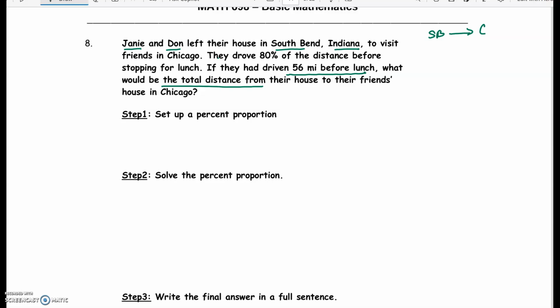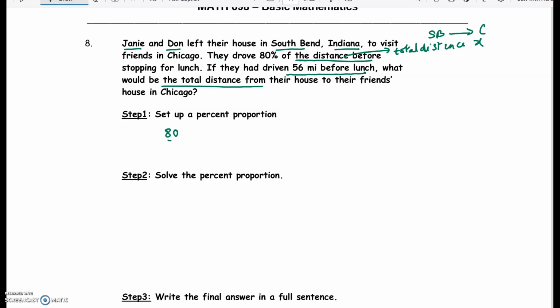So when they say 80% of the distance, this distance they're talking about is the total distance, which is unknown, and that is equal to x. So 80% of x. So x is the base or the reference value.